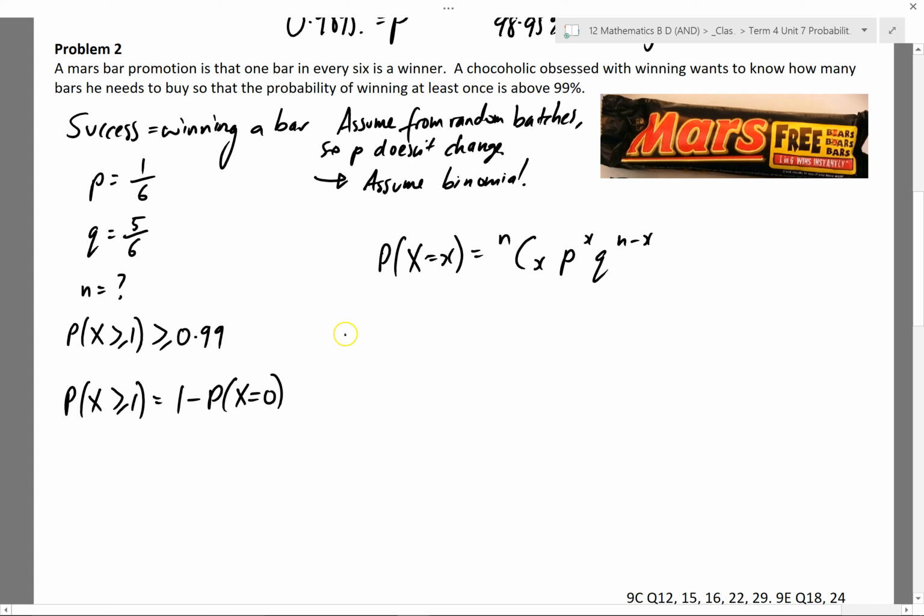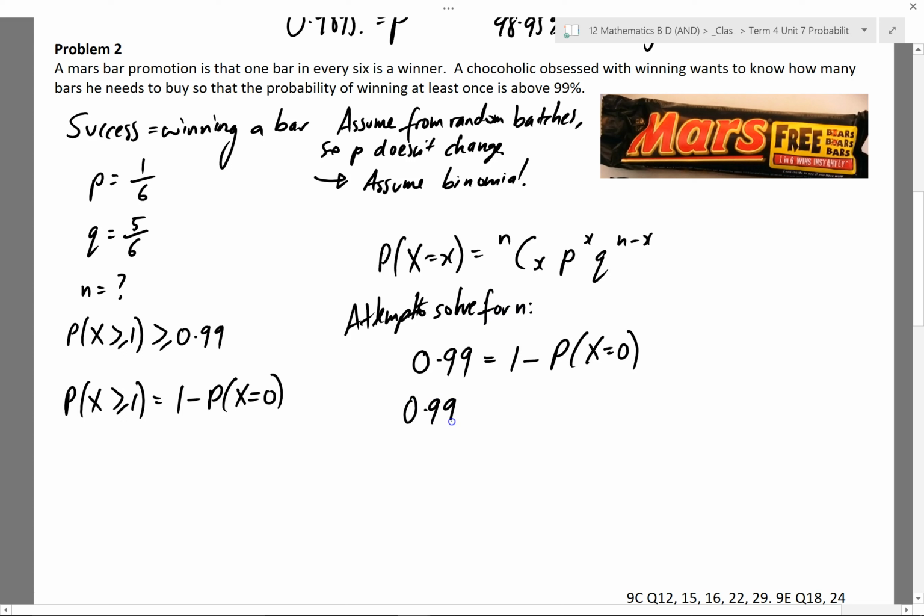Okay, so I'm attempting to solve this. I want to know, to get 0.99, what does my n value need to be?